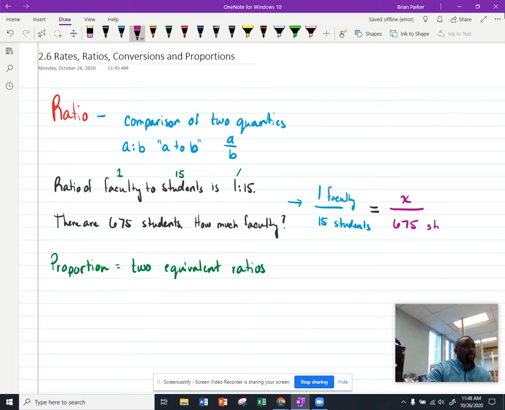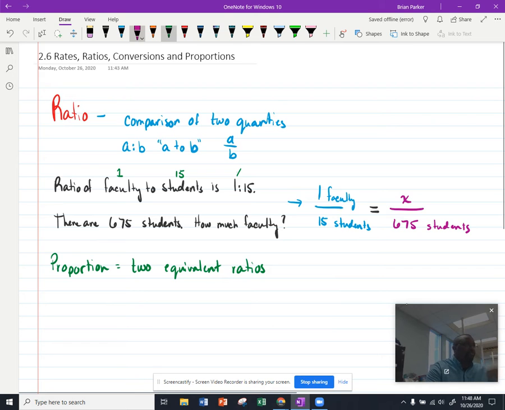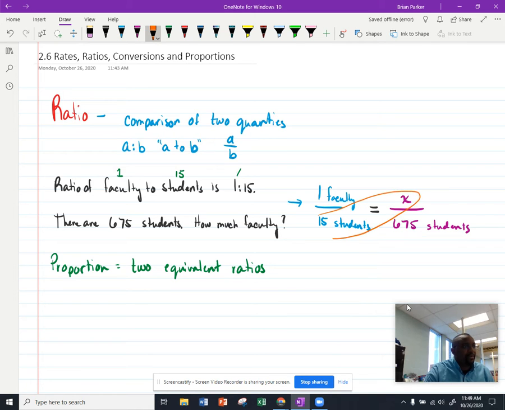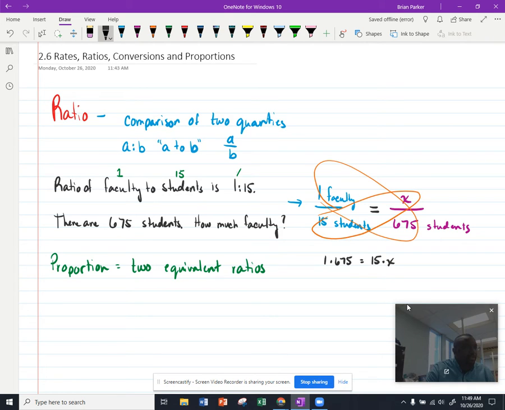Proportions are probably one of the most useful things you can use to solve anything. If you don't remember how to solve proportions, you just cross multiply and divide. So I'll cross multiply here and here. I'll be working with 1 times 675 on the left and 15 times X on the right.